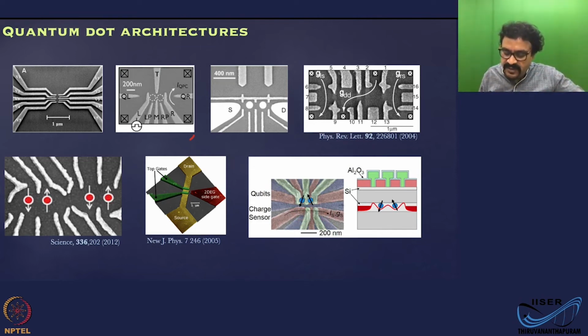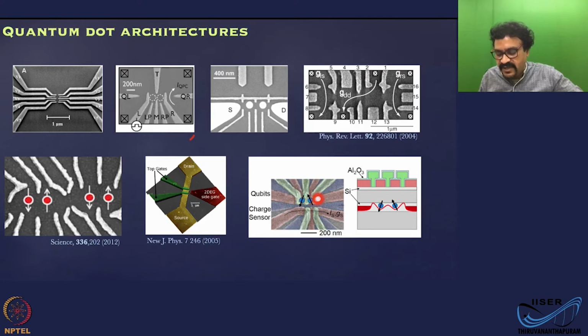So you have the red colored gates, which are enhancement gates, and the green colored ones are depletion gates. So you have two channels here. There are two red channels, one here, and this is going to host two dots, with these three barriers and two dots. Here you have two barriers and one dot. That is a larger dot, which is for sensing.